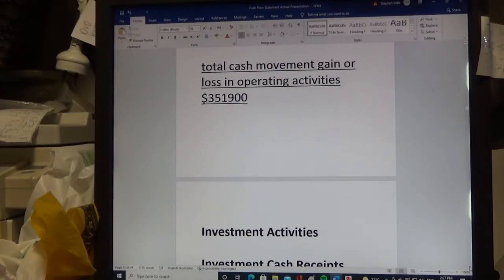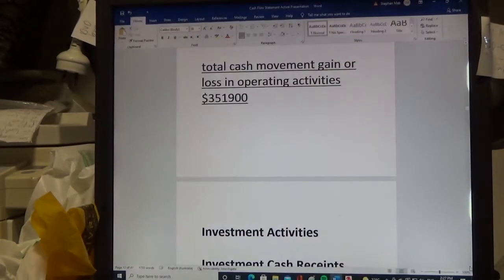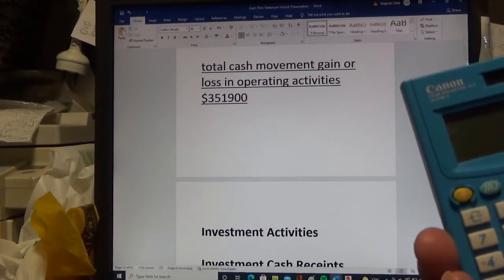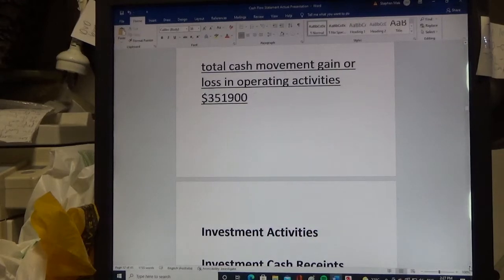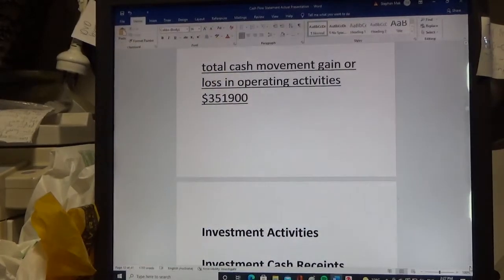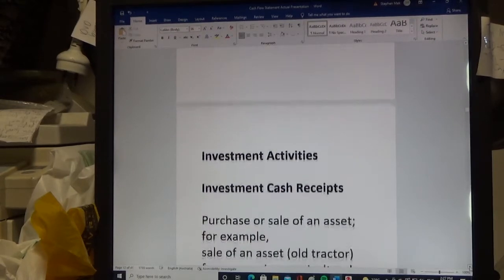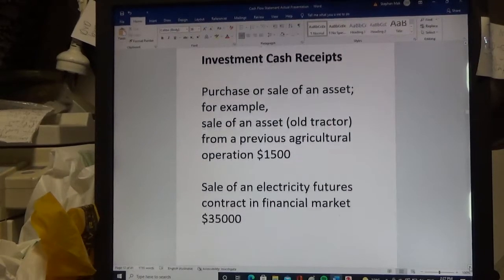So you add up all those receipts, deduct the payments using your calculator, plus or minus all along, to get that subtotal there for operating cash, okay, which is a positive figure. Then we move on to investment activities, investment cash receipts, purchase or sale of an asset.